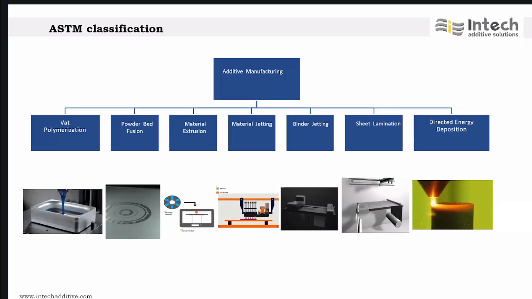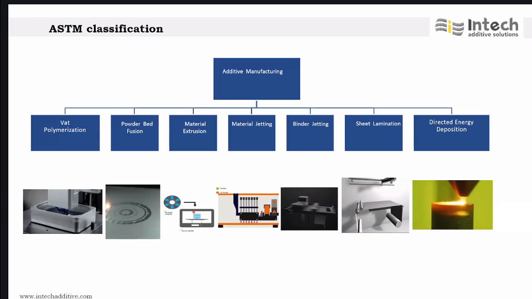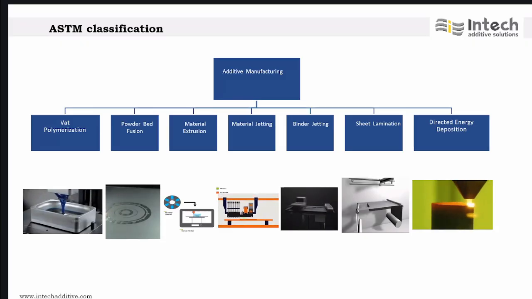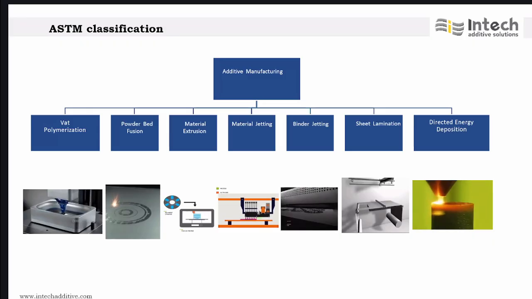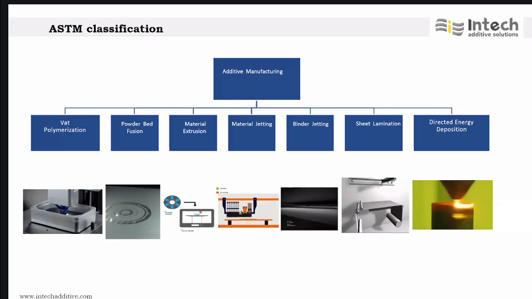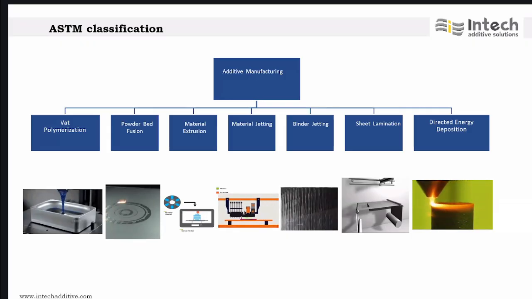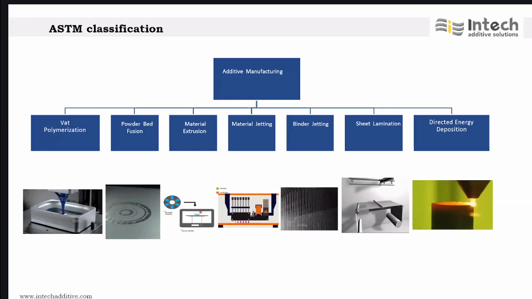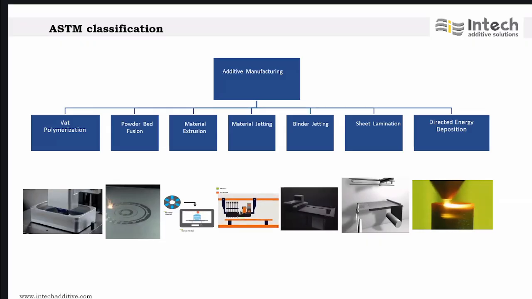And mostly it is used for refurbishing or repair. If you want to deposit material on existing parts, or if you want to make large thin wall parts, aerospace kind of parts, then you can go for this process. It's perfect for making repairs, building onto existing components, and also handling exotic materials.